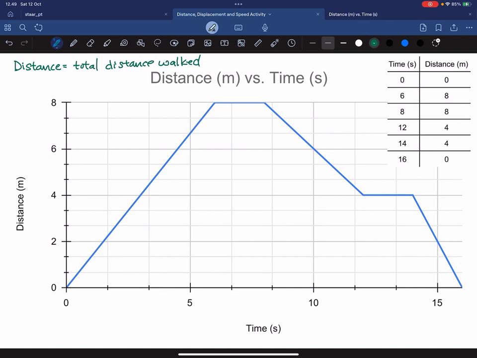You start here at 0, and then you walk to here, and that is a total distance of 8 meters. So this particular one right here is going to be 8 meters. That's how far you walked. Now, the next one, you stayed at 8 meters, so you didn't walk at all, right? So that right there is going to be 0 meters.